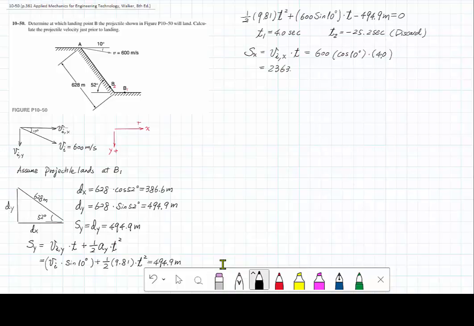2,363.5 meters. To compare with the distance in the x direction for the incline, dx, if you remember, this is 386.6 meters, so it's much larger than the x distance for the incline, which means, yes, our assumption is correct.